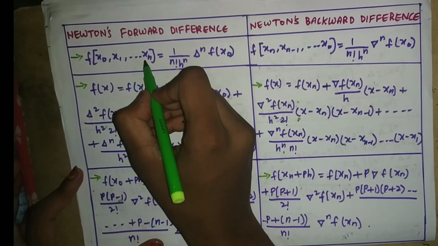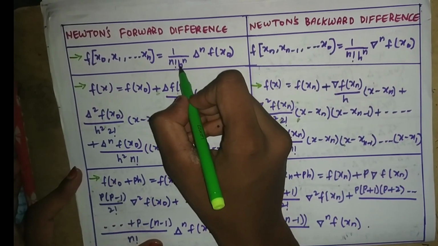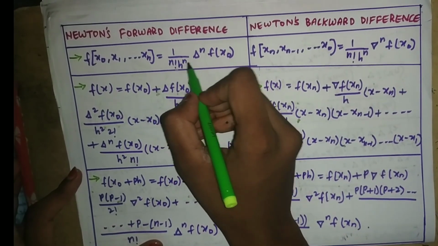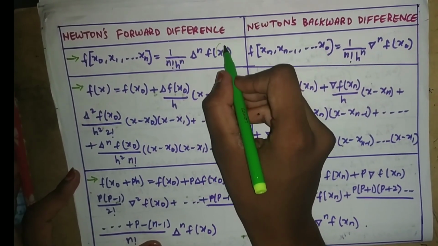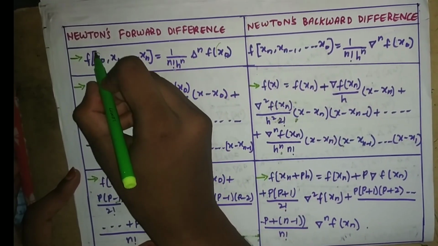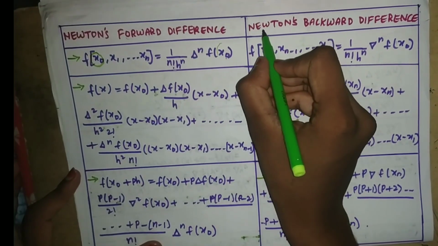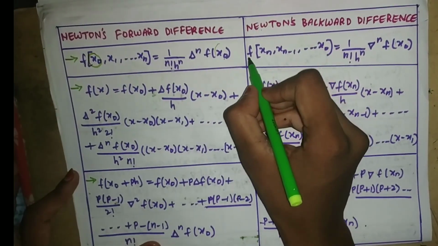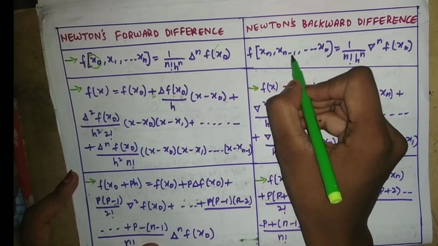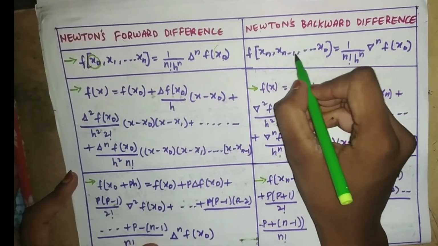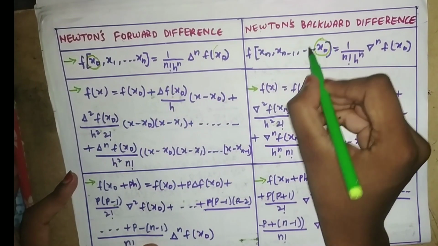So this can be written as 1 by n factorial h power n delta n f of x0. Why f of x0? Because we are writing it from the starting. And now Newton's backward difference, we are starting it from xn: f of xn minus 1, if you write like this, and your last term will become again x0.